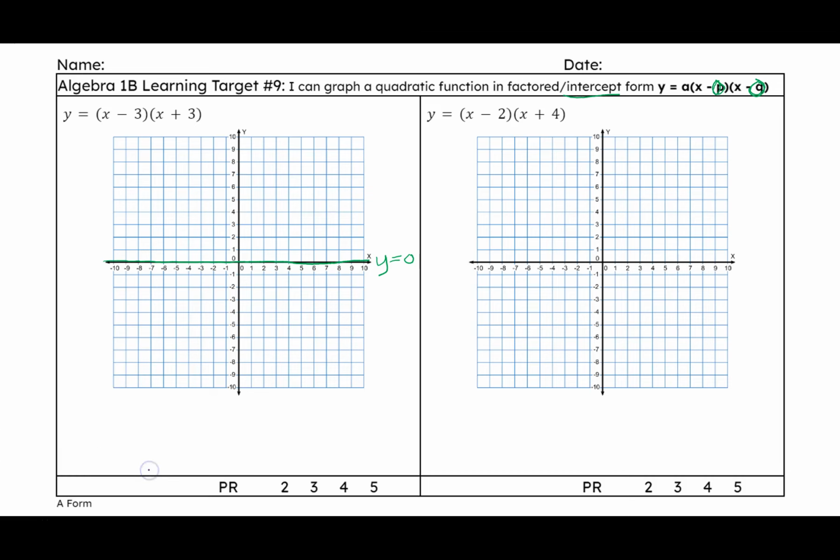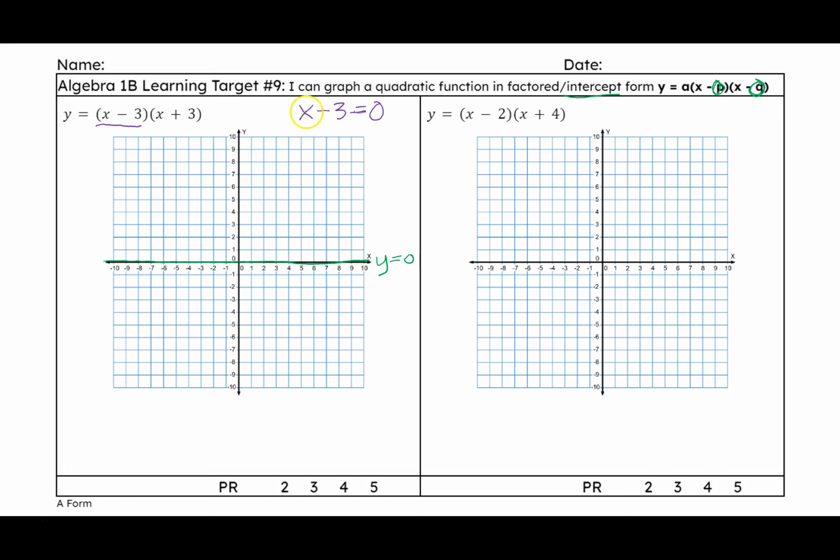I'm going to first take this part and set it equal to 0. I want to find out what value of x will make this whole thing equal to 0. What does it need to be? How do you get x minus 3 equal to 0? What does x have to be? So what number can I subtract 3 from and get 0 as an answer?